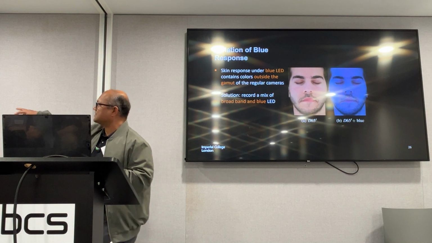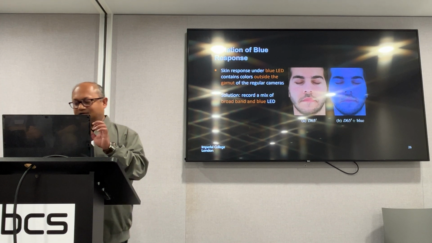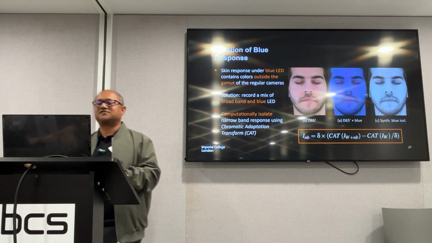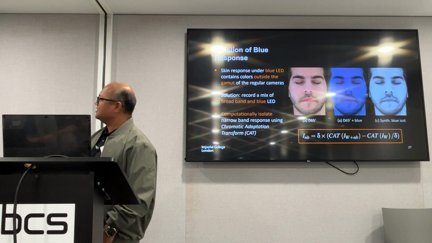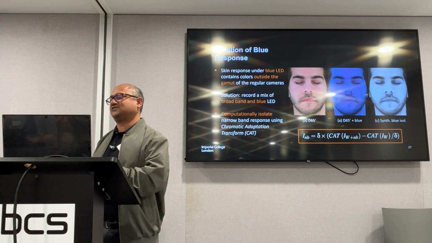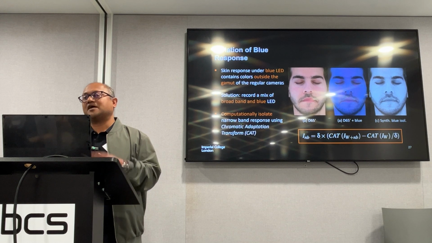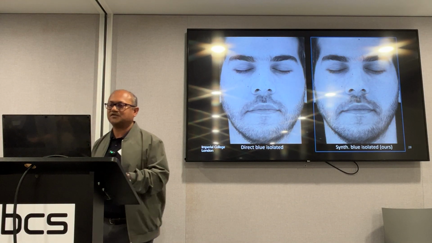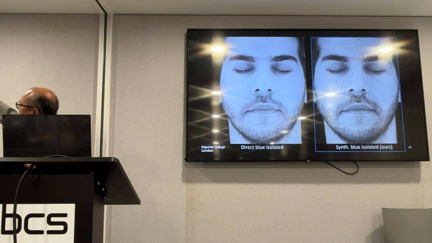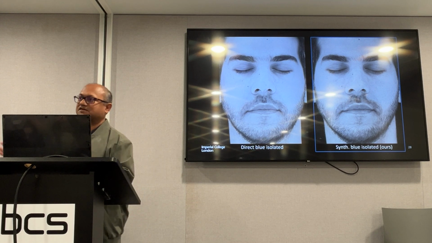Instead, if you mix a little bit of white light and then illuminate with this bluish white light, then there's something called a chromatic adaptation transform and some computation where given that measurement and that measurement, you can computationally extract a narrowband image, which we call synthetic blue in the paper, which turns out to be a higher quality narrowband illumination image than if you directly measured it. So on the left is a direct measurement, which is slightly blurry. On the right, I hope you can see, is a sharper image that we extract with this chromatic adaptation transform.